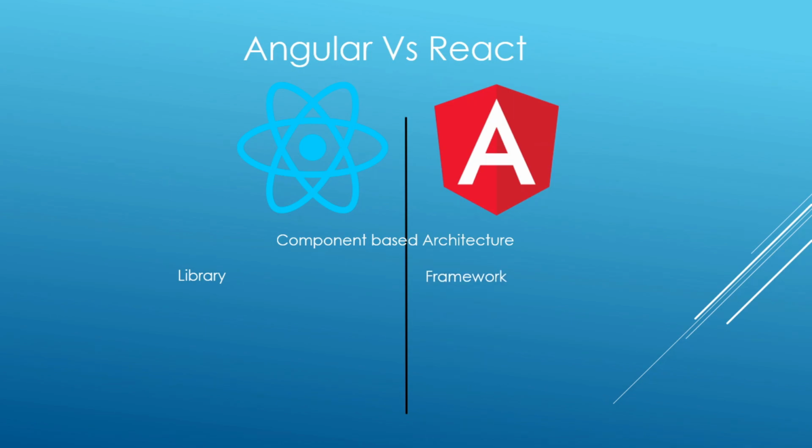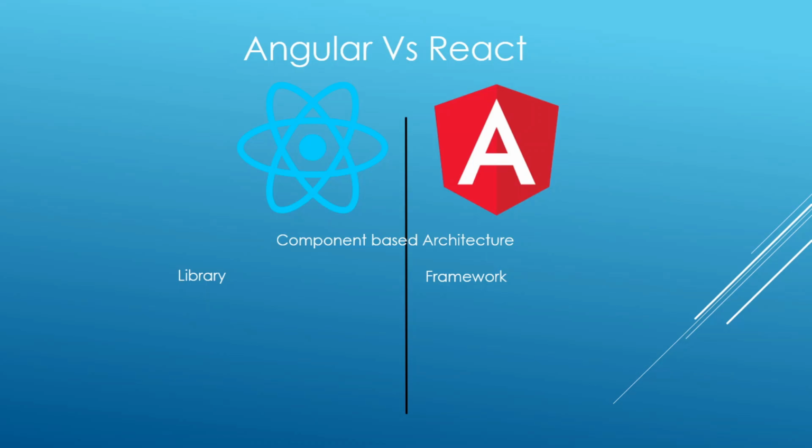Whereas Angular is a structural framework. It provides many more functionalities out of the box. For example, you don't need to decide which library to select for routing. You can just import the out of the box library and start coding.